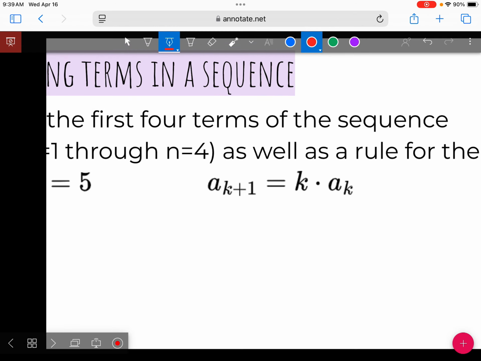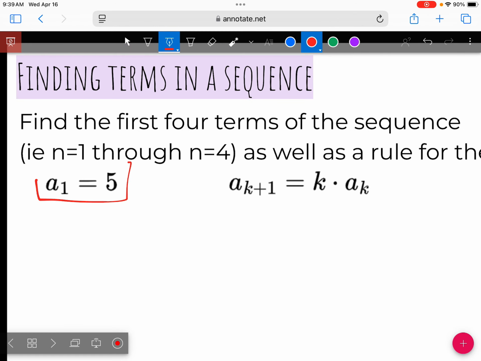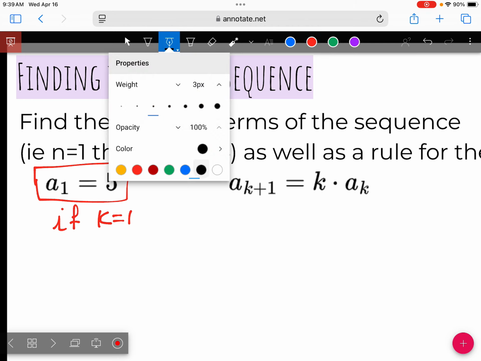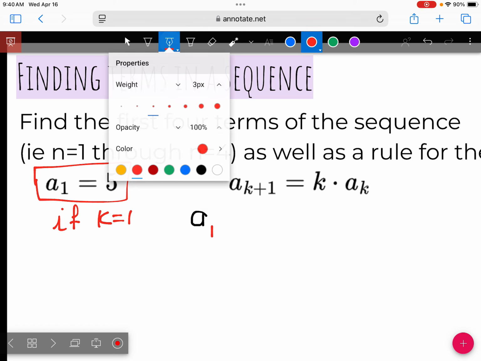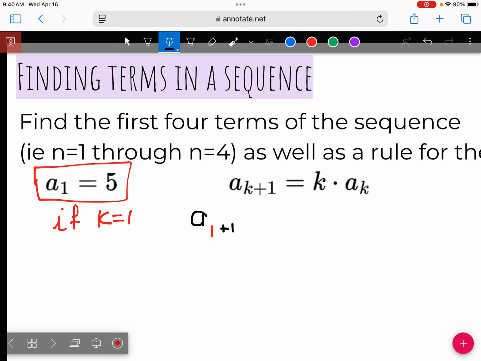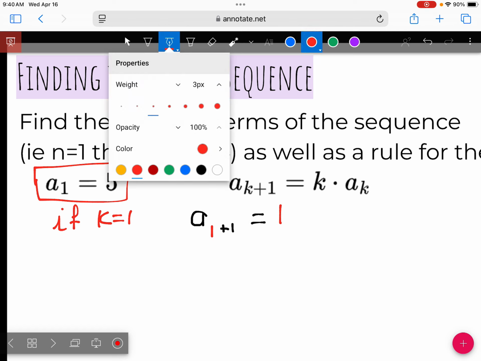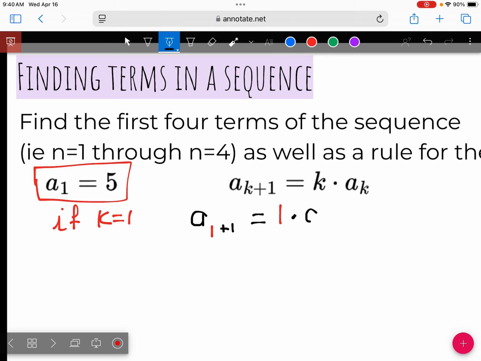So for our very first piece, we're going to use the one we have. So we're going to let k equal 1. This is just another way to think about it and write it. So if we have 1 plus 1, our k is 1, and we have times a sub 1.